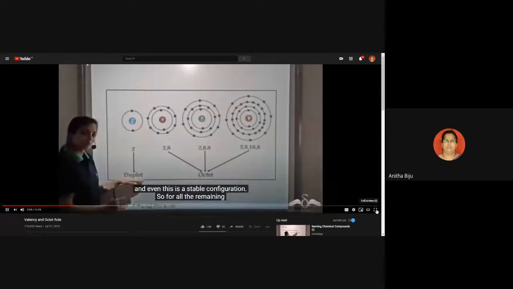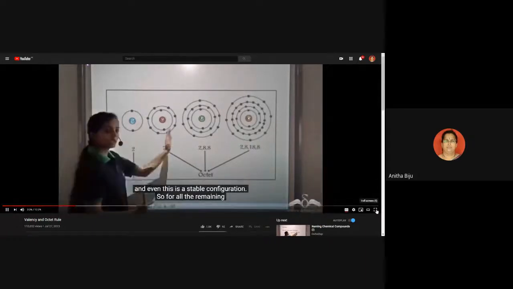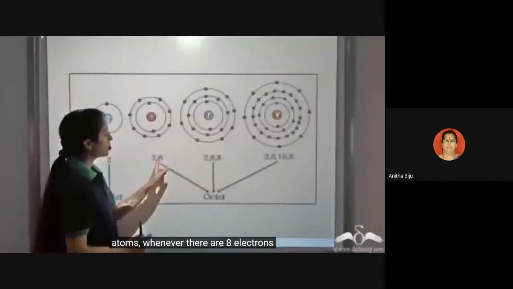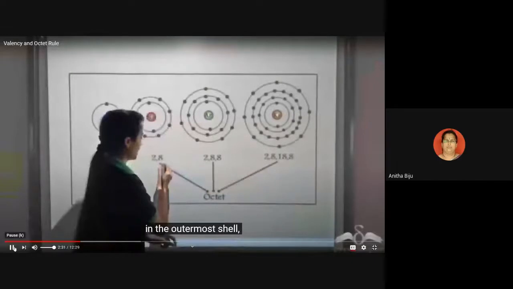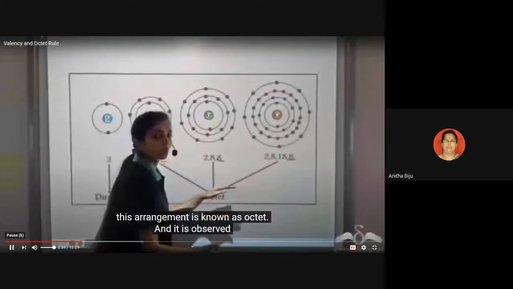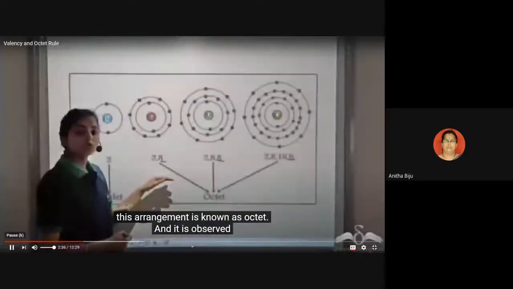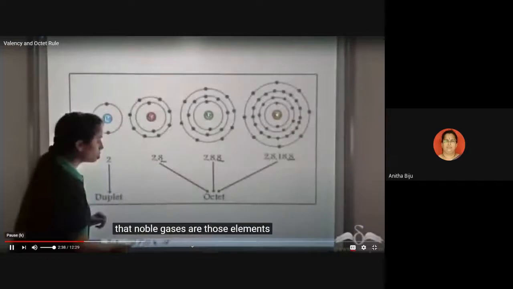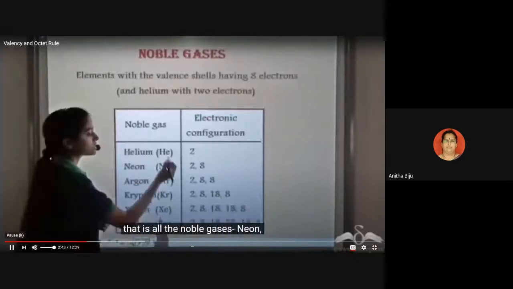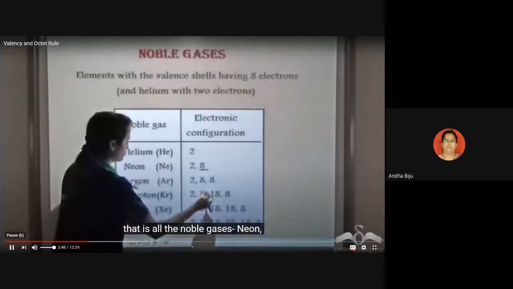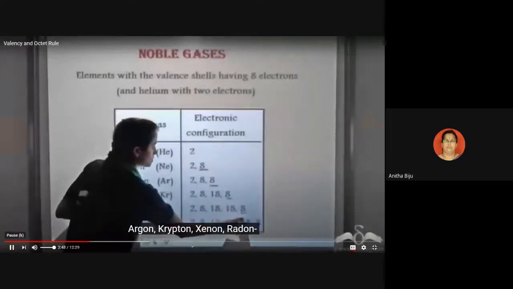So for all the remaining atoms, whenever there are 8 electrons in the outermost shell, this arrangement is known as an octet. And it is observed that noble gases are those elements that usually follow this system of octet. That is, all the noble gases, neon, argon, krypton, xenon, radon, they all have 8 electrons in the valence shell.